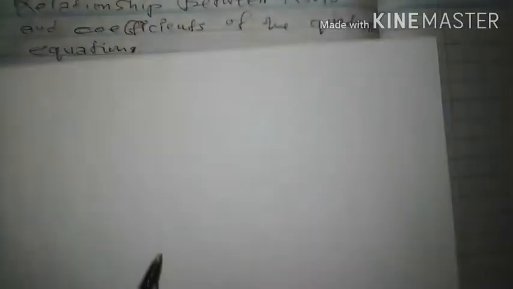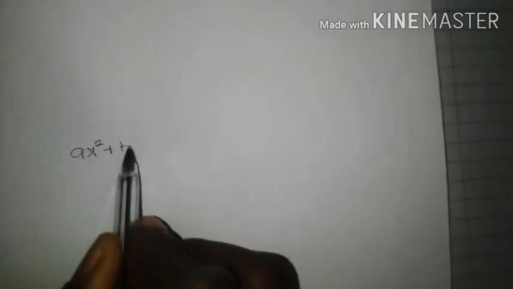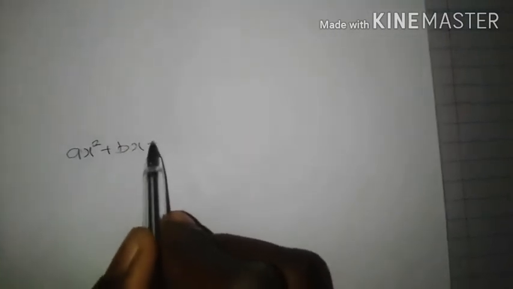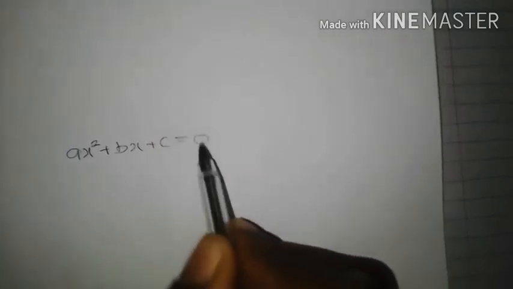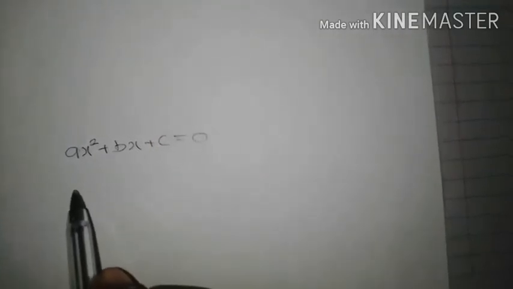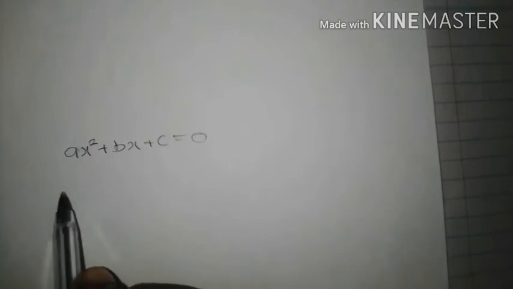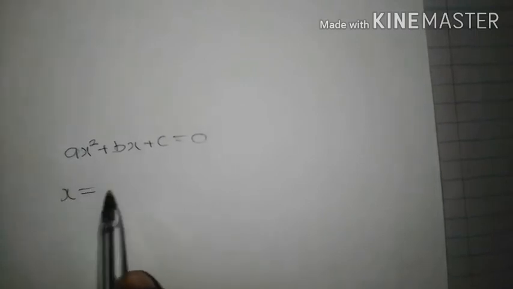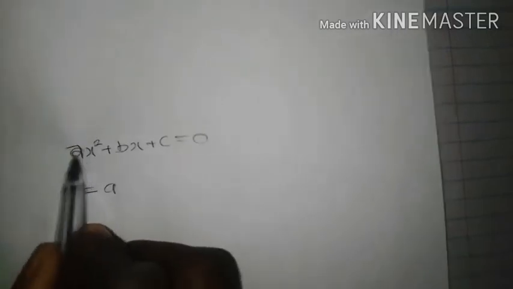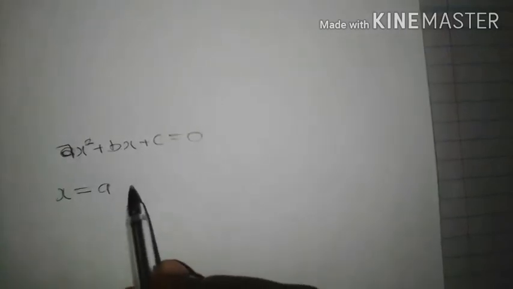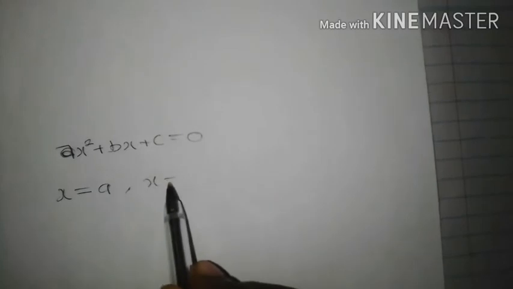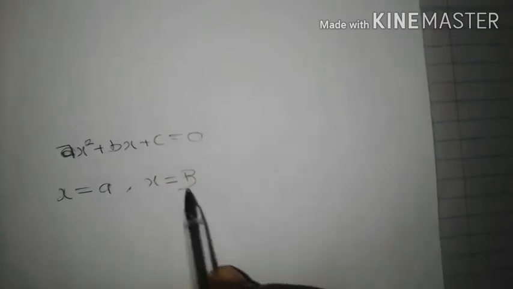Let's consider this. We have ax squared plus bx plus c is equal to 0, and its roots are x is equal to alpha and another x is equal to beta.